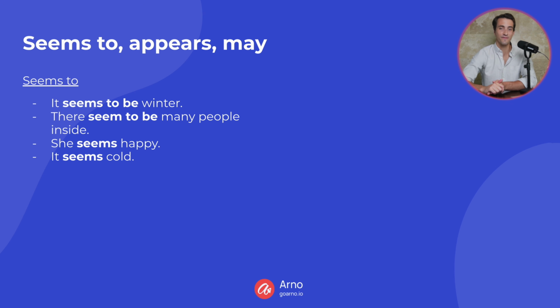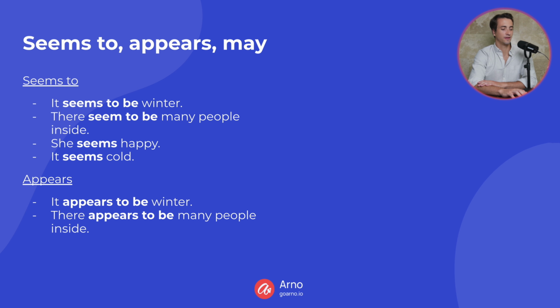The other thing to not forget about is seem is a verb. So you need to conjugate it like other verbs. So sometimes it's seem and sometimes it is seems. Just like any other verb in English, you have to remember to use the right conjugation. Appears. So appears to be winter. There appears to be many people inside.